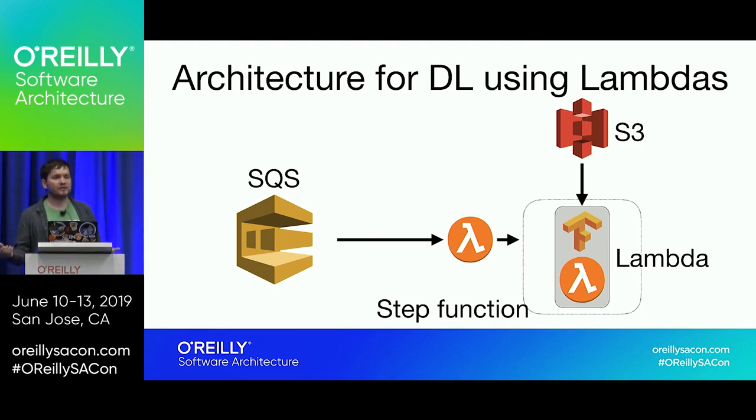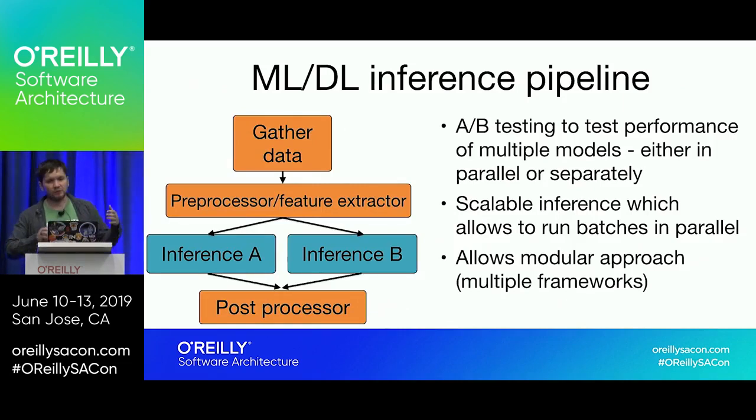Why would you want to use Step Functions with inference? If you have different versions of the model and you want to compare the results, and let's say you rolled out a new version of the model, and in the end you compare the results and see that it's too far off compared to the old version, then you can ship the old version's result.